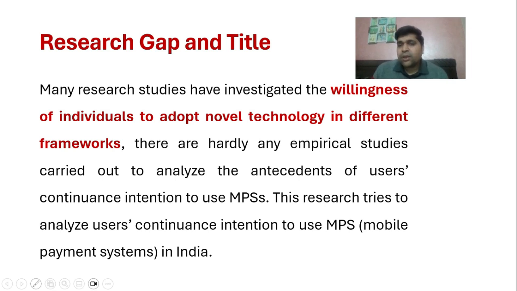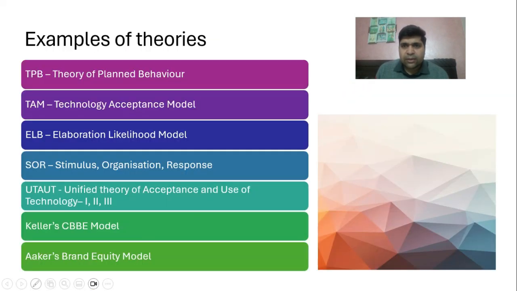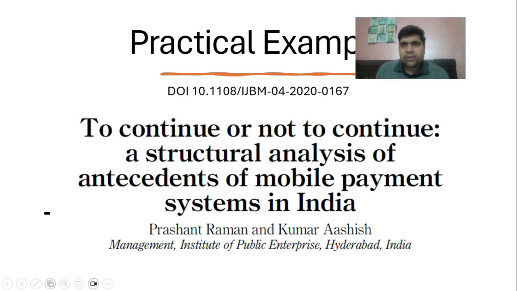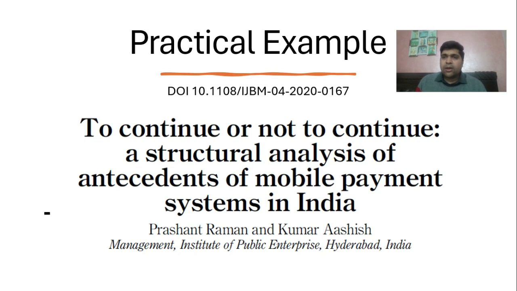So what you do is find what kind of research gaps you can address. Before I explain this slide, let me go to the next slide. Suppose we talk about this practical example, and then I'll go back to that previous slide.